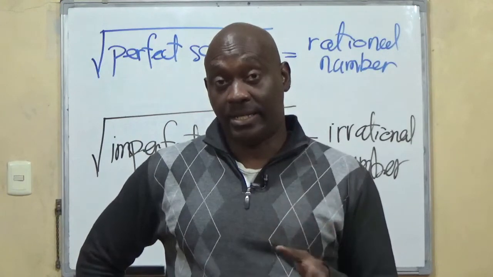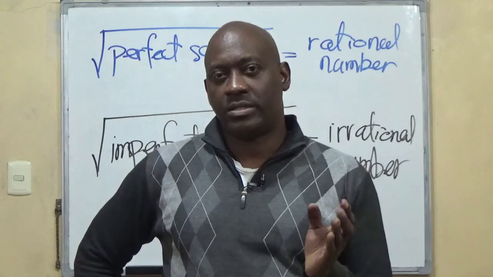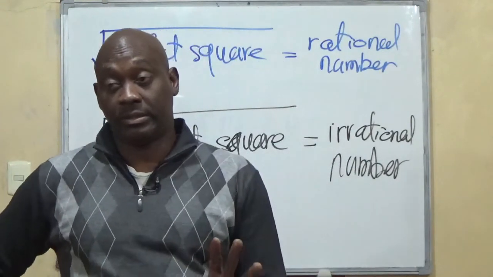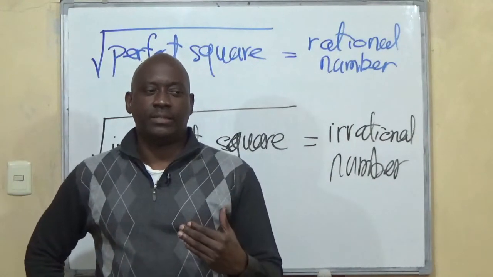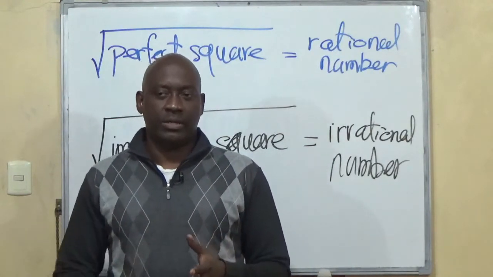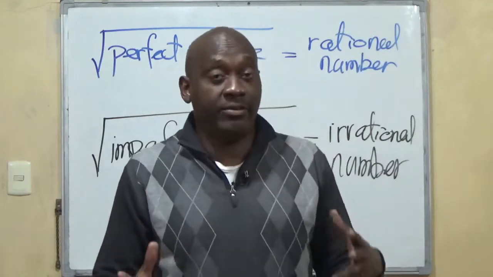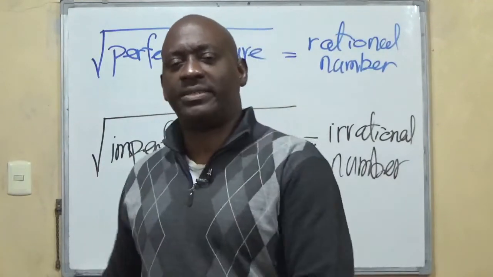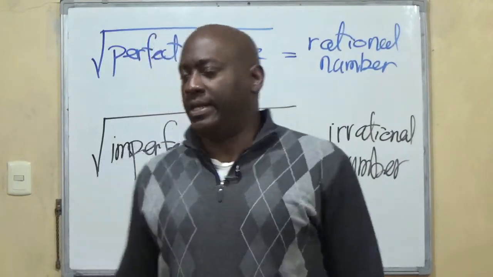And then we ended the discussion by going into squares and square roots. We started by highlighting the importance of your tables. And then we went into the square roots of perfect squares versus the square root of what I refer to as imperfect squares. Simple, dimple. Alright?